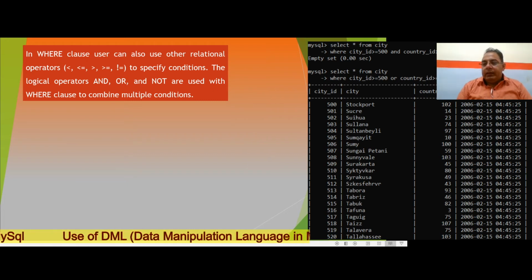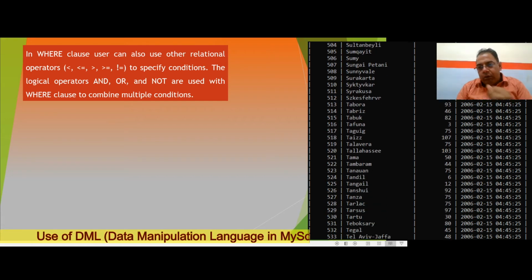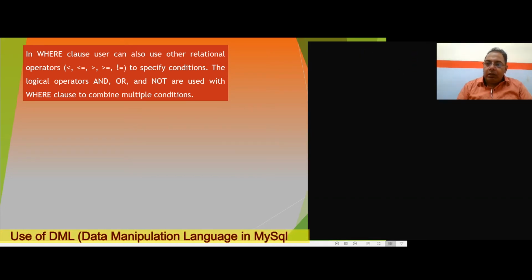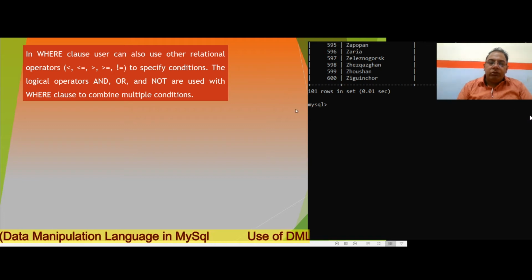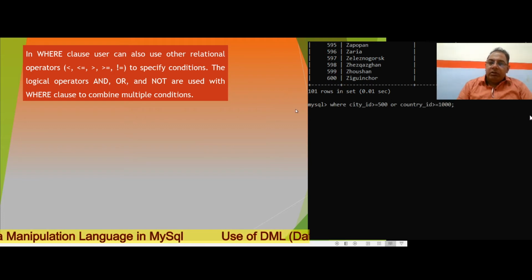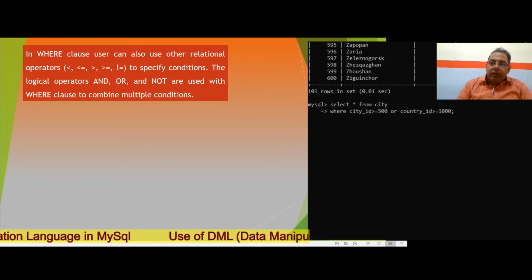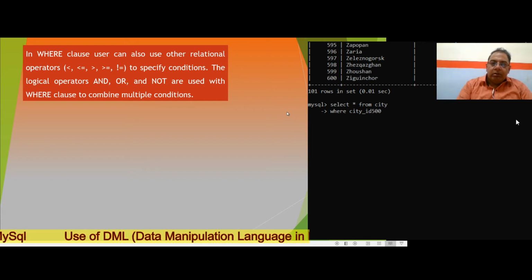Then we have another logical operator, that is NOT. We just use it with a single condition. Just select star from city where city id is not 500.